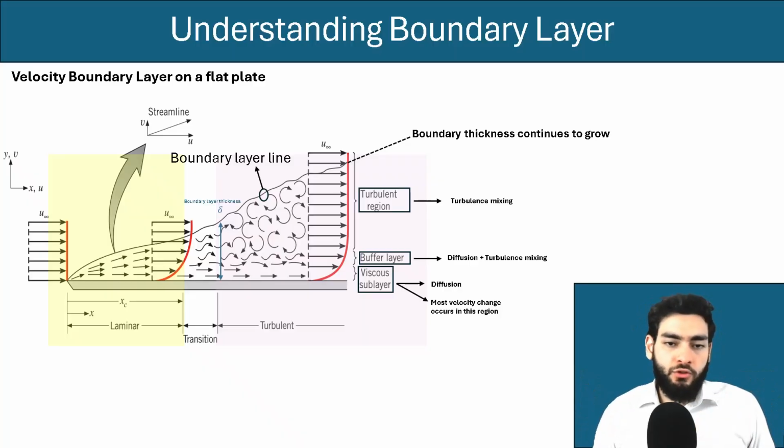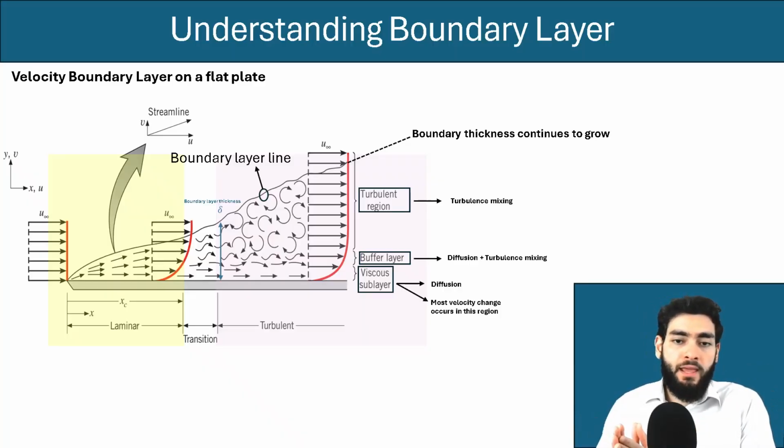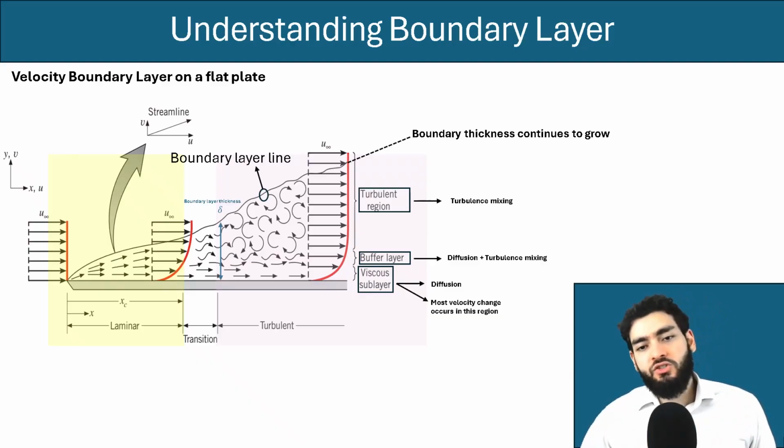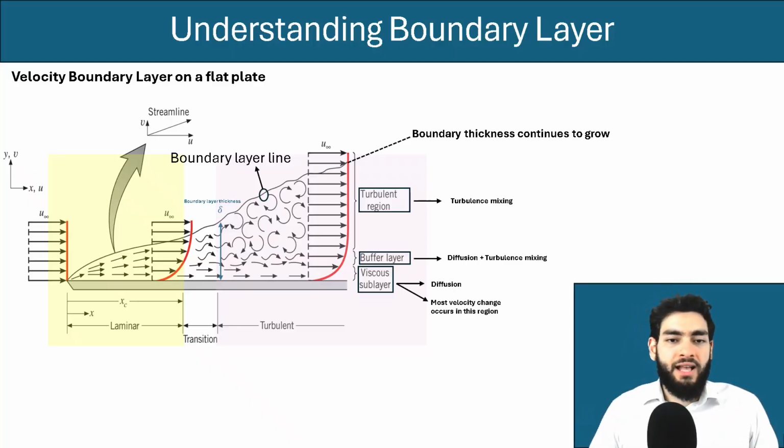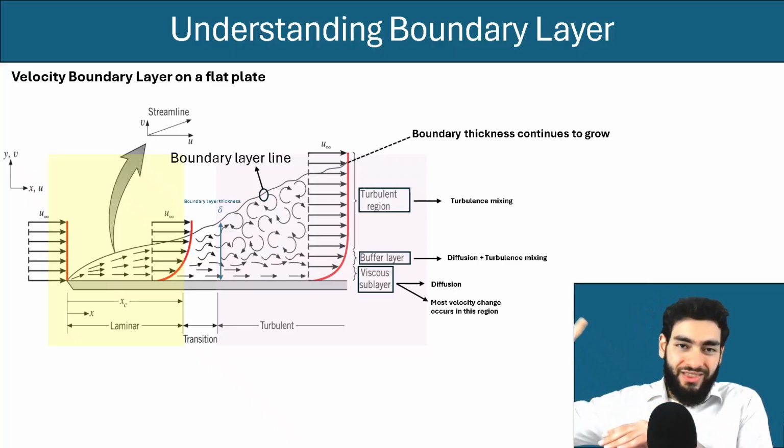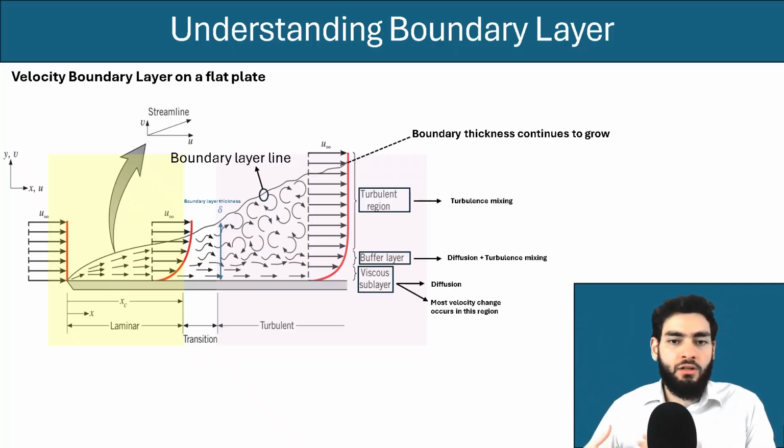And so because the fluid reaching the wall now has a lower velocity, the velocity gradient at the surface decreases. And as a result, the shear stress generated at the surface becomes smaller. And so as the boundary layer continues to thicken and grow in the x direction, the viscous sublayer grows as well.